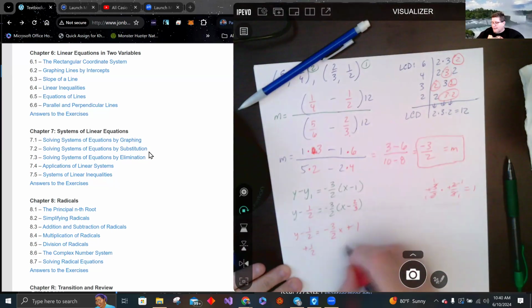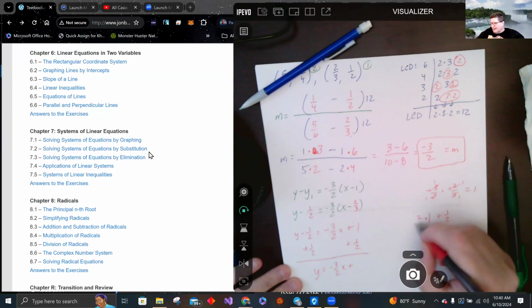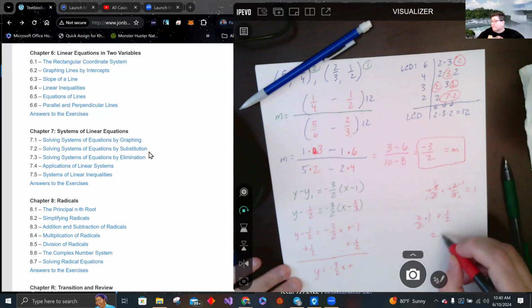Add 1/2 to both sides. 1 plus 1/2. I get a common denominator. 2 plus 1 over 2 is 3 halves.